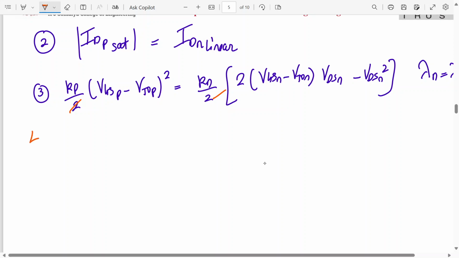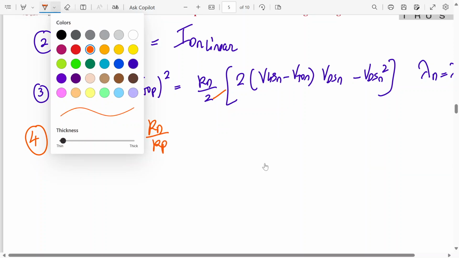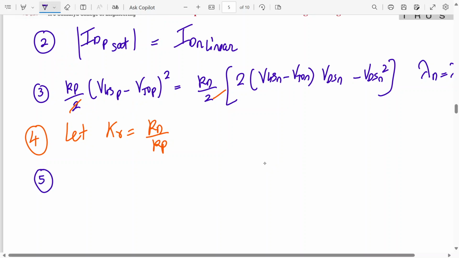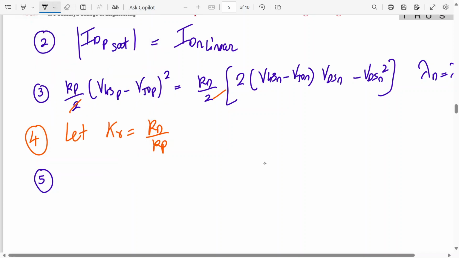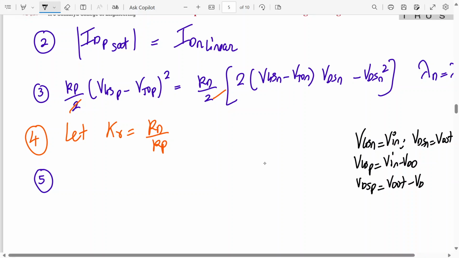Alright. Then we let Kr be the inverter ratio, Kr equal to Kn by Kp. Now we rewrite the terms. We should also remember the 4 constraints. What were the constraints? VGSN is equal to V in, VDSN is equal to V out, VGSP is equal to V in minus VDD, and VDSP is equal to V out minus VDD.